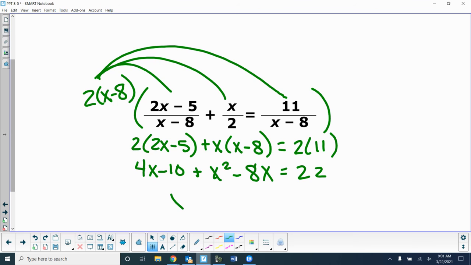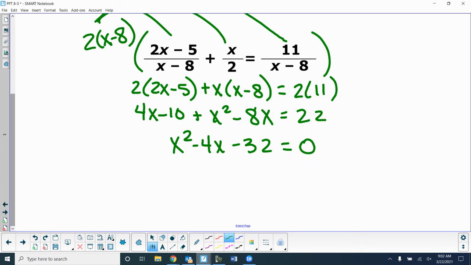So x squared goes first. What's 4x minus 8x? Negative 4x. Now, when I move this 22 over, what do I do with it? Subtract it, right? So what's a negative 10 minus 22? Negative 32. So there's our quadratic equation, which we can factor.